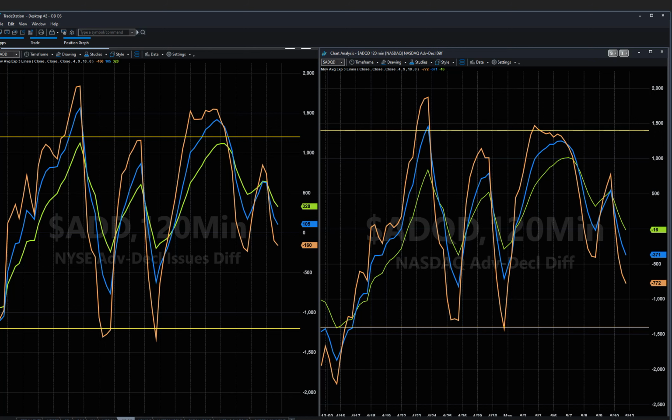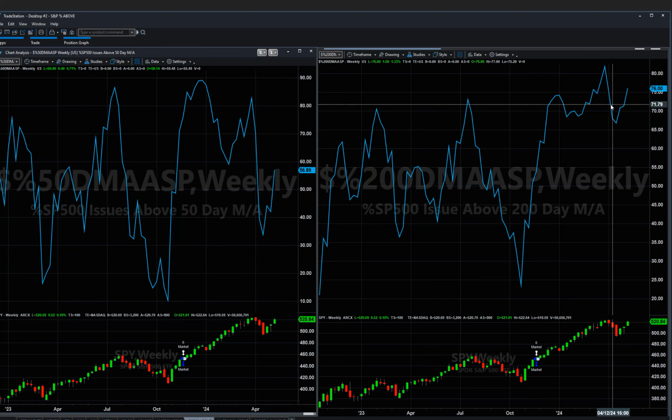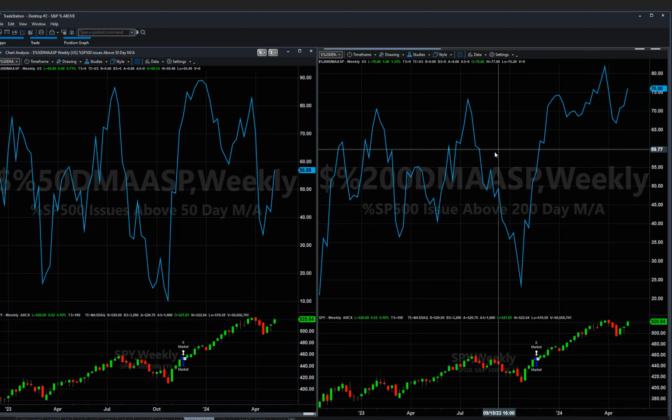Now, looking at one more thing, this is the percentage of stocks above their 50-day moving average and the percentage above the 200-day moving average for the S&P 500. So you can see here, right now only 56% are above the 50-day moving average and 76% above the 200-day moving average.